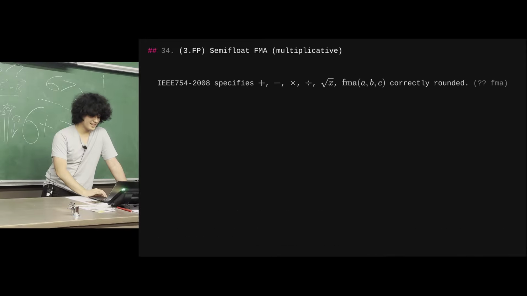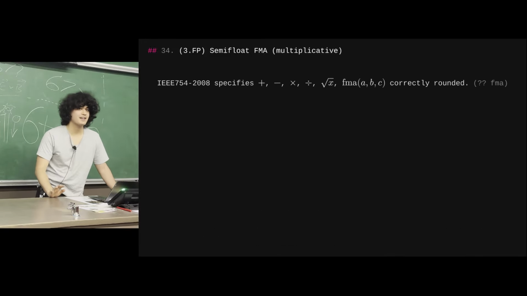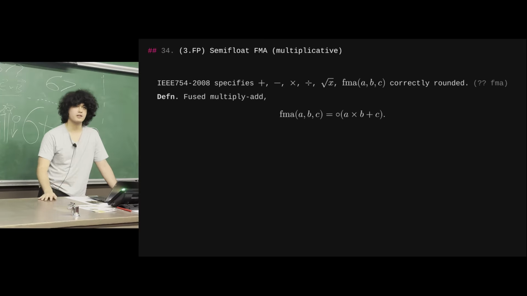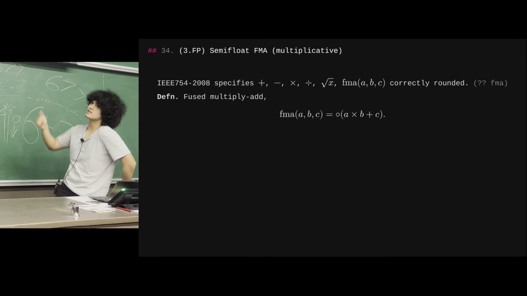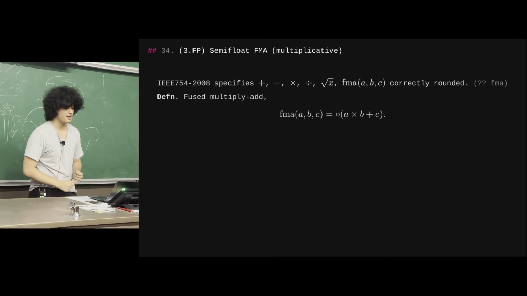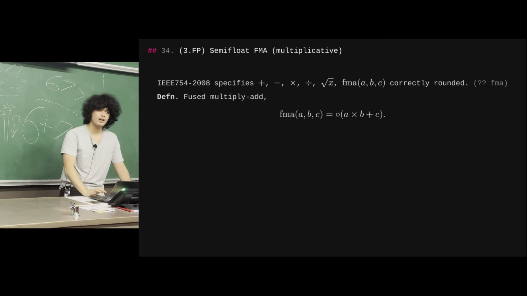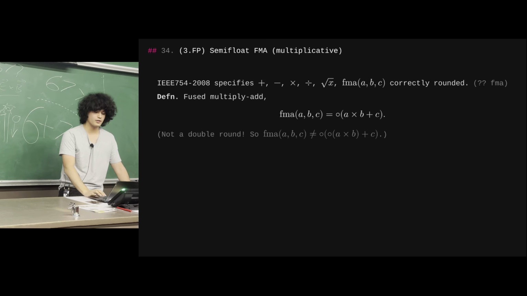So IEEE 754-2008 specifies add, subtraction, multiplication, division, square roots, and FMA correctly rounded. So what is FMA? Fused multiply-add basically calculates a times b plus c, then does a rounding at the end. So it's one rounding, not two. It's not a double round.